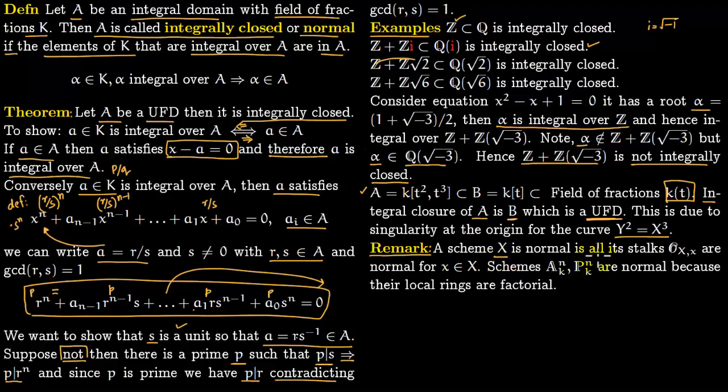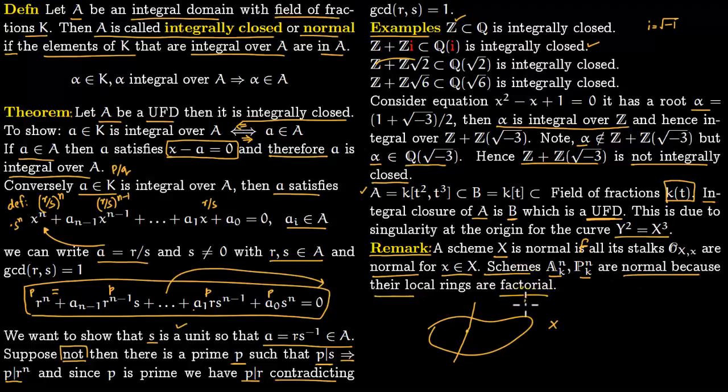So a scheme X is normal if all its stalks, at every point, O_{X,x}, are normal, for any point x in this X. So X is this space which is a scheme. Take a point, on this point sits our stalk, and if this stalk is normal, then the scheme is called normal. So affine space and projective space, they are normal because their local rings are factorial.